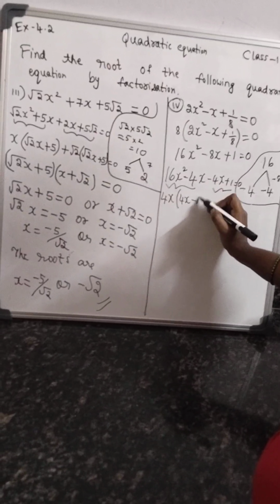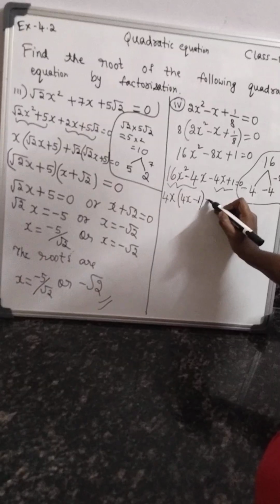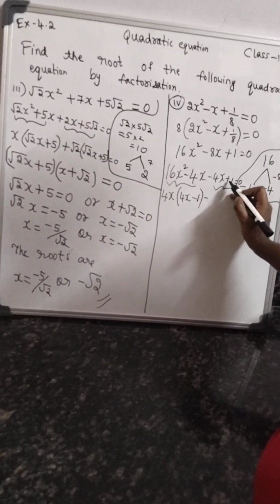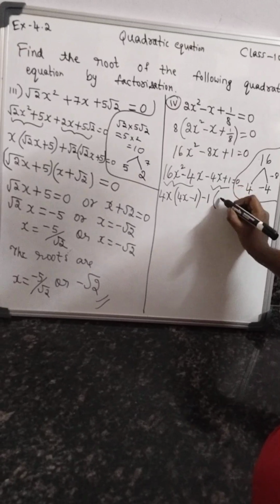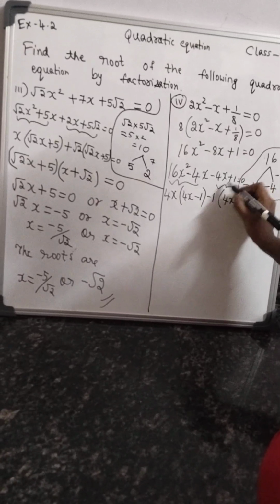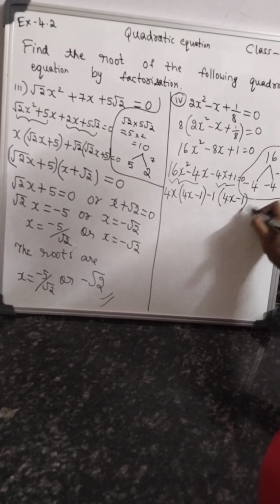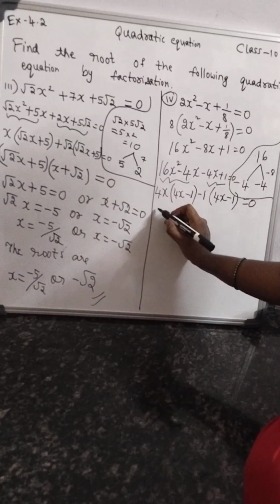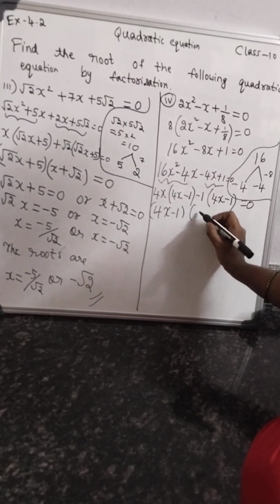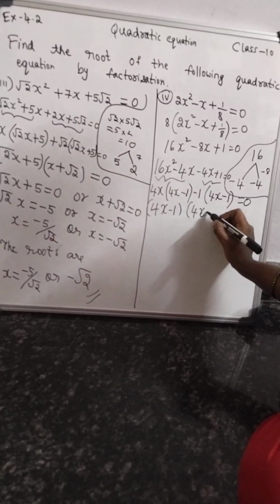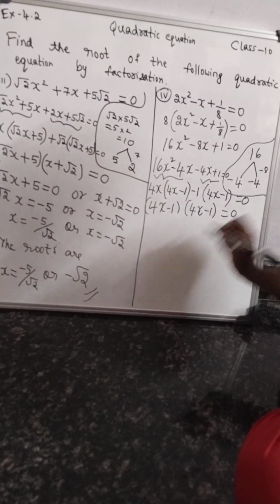And here in these two terms nothing is common, that's why I am going to take 1 as common. If I take 1 as common, 4x minus 1 will remain, which is equal to 0. If I take 4x minus 1 as common, then again 4x minus 1 will be remaining.